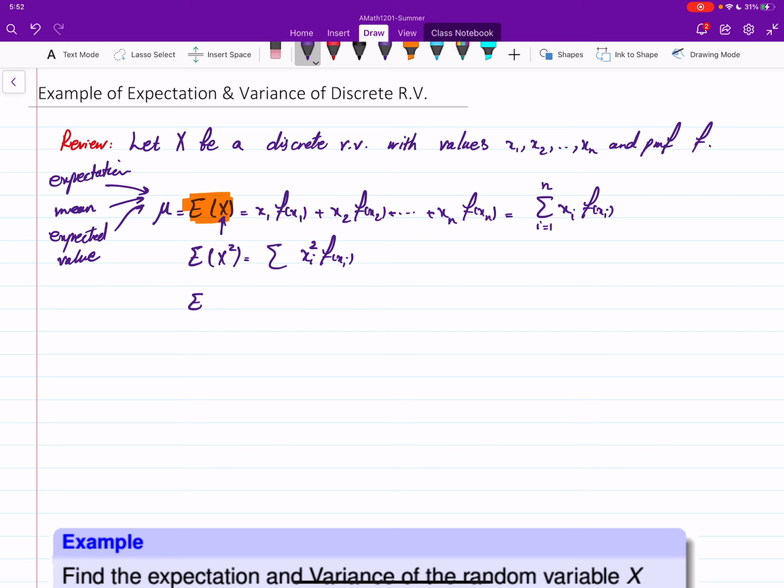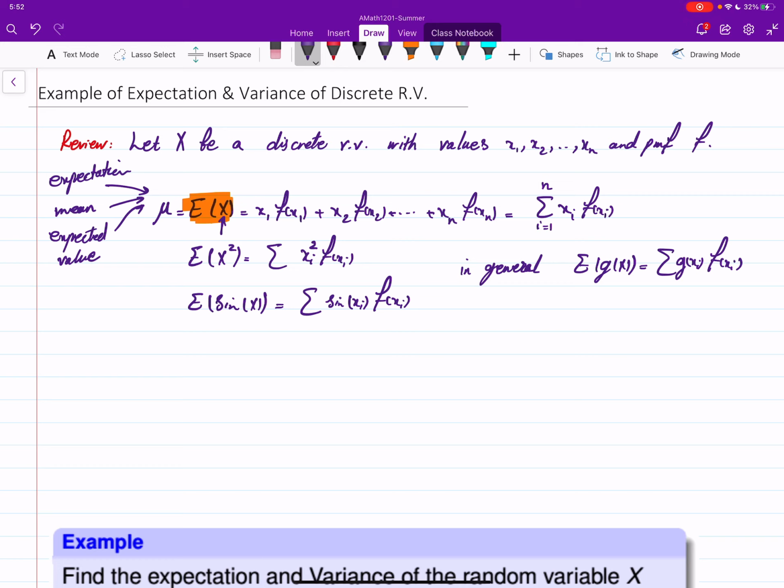If someone asks what is E of sine of X, I will multiply the sine of the values by the PMF. And in general, E of a function of that random variable is the sum of g of xi multiplied by f of xi.